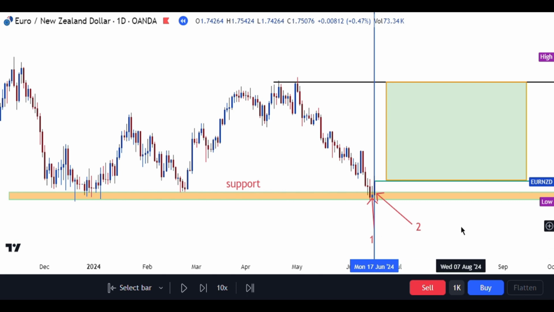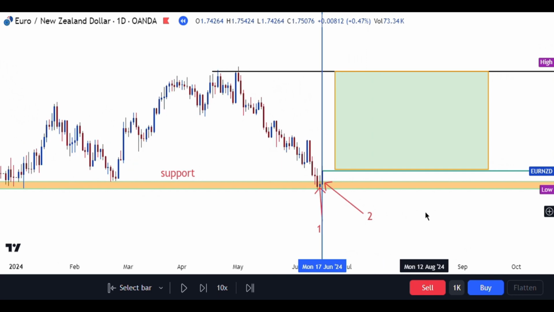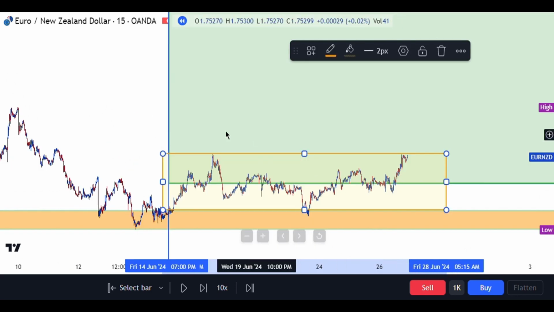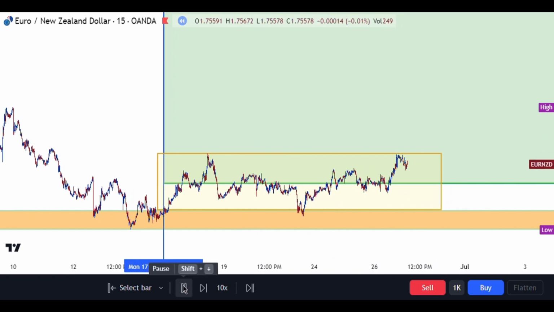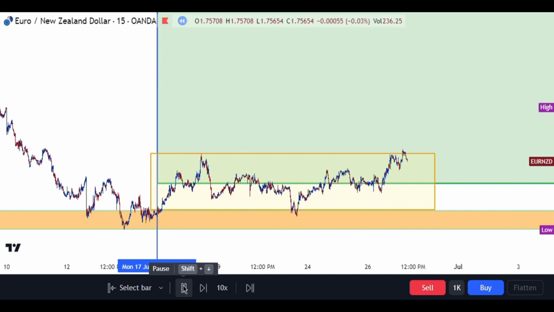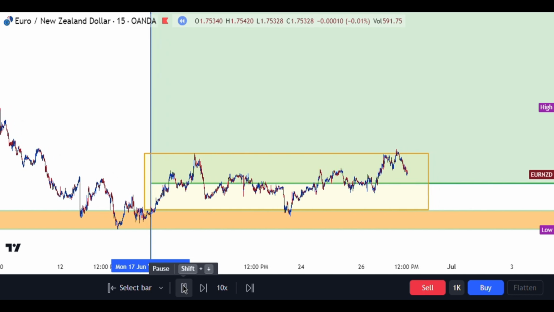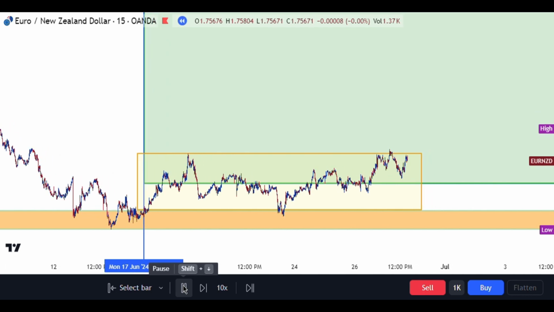All right, but that would be in the 15 minutes time frame. So now we go to our 15 minutes time frame. Okay, so that sideways movement is going on right here.